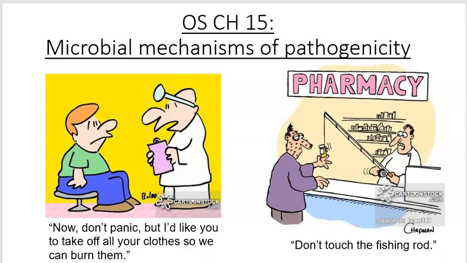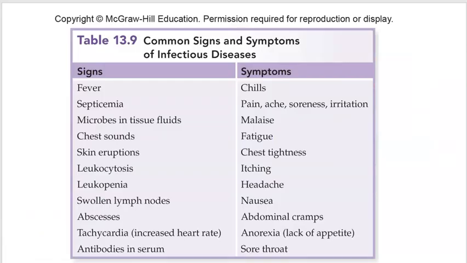If we go back and look at this idea of diseases causing damage to you, the damage is summarized in this table here, because diseases are going to produce some common signs and symptoms. When we look at the signs, you can see a variety of different medical terminology associated with this.